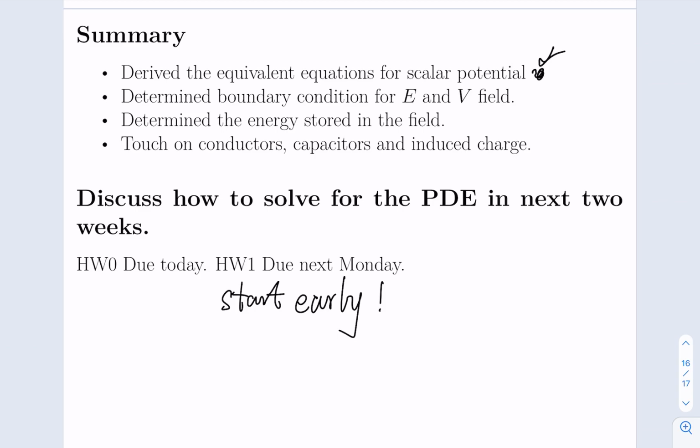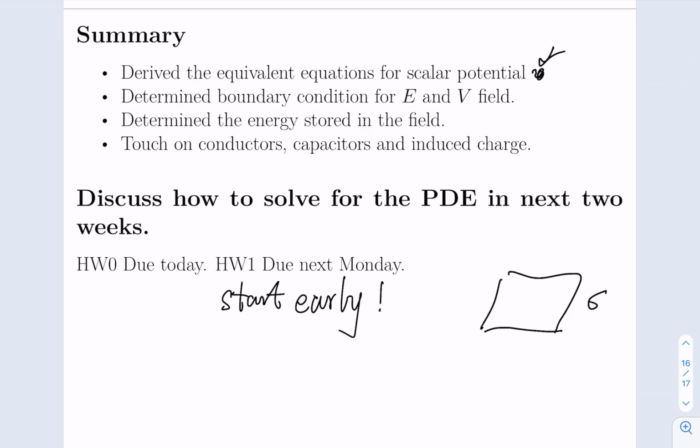And if the charge is 0, it's called the Laplace equation. Then we also derived what the E field and the B field should be on the boundary, say on the surface of a surface charge, or on the surface of a conductor.